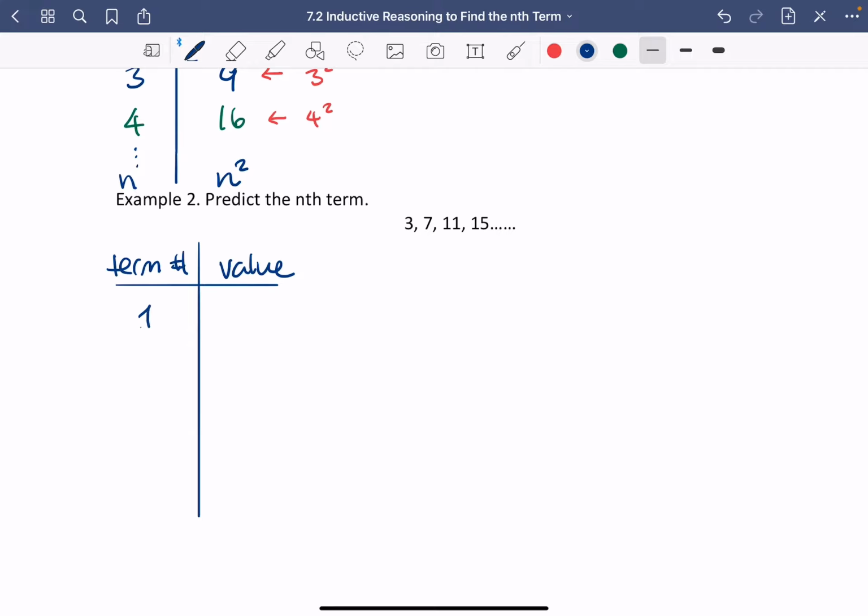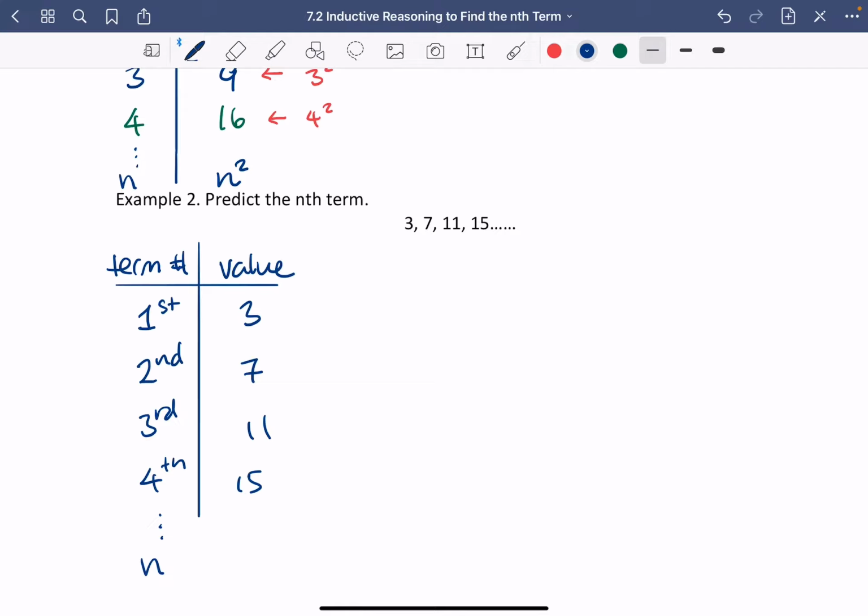So for my first term, the value of my first term is 3. Second term is equal to 7, and then we have third term, that's 11. Fourth term, 15, and we want to find the nth term.